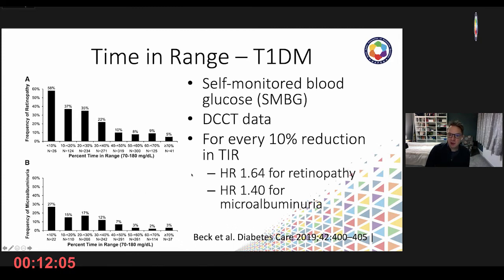For every 10% reduction in time in range between 3.9 and 10, there is a 64% increased risk of retinopathy and a 40% increased risk of microalbuminuria. So not only is time in range easier to understand and potentially easier to report, it's also associated with hard outcomes, and that's obviously very important. It's one of the reasons why we're so keen on using HbA1c, because it's been associated with a hard, important clinical outcome for many years.